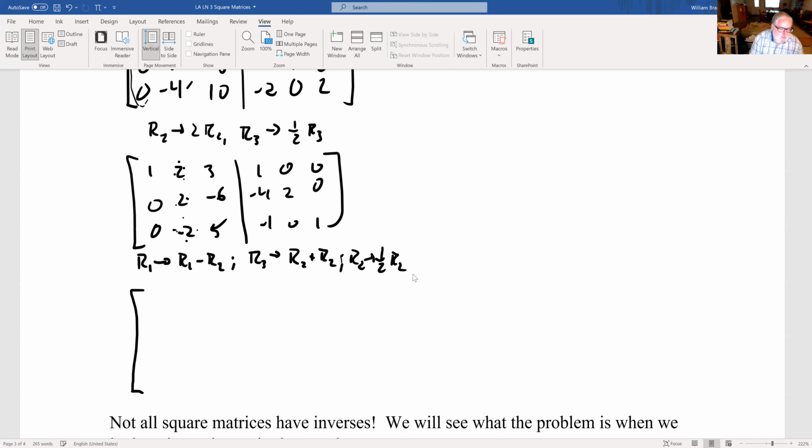And what do we end up with? So row 1 is row 1 minus row 2: 1 minus 0 is 1, 2 minus 2 is 0, 3 minus minus 6 is 9, 1 minus minus 4 is 5, 0 minus 2 is minus 2, 0 minus 0 is 0.